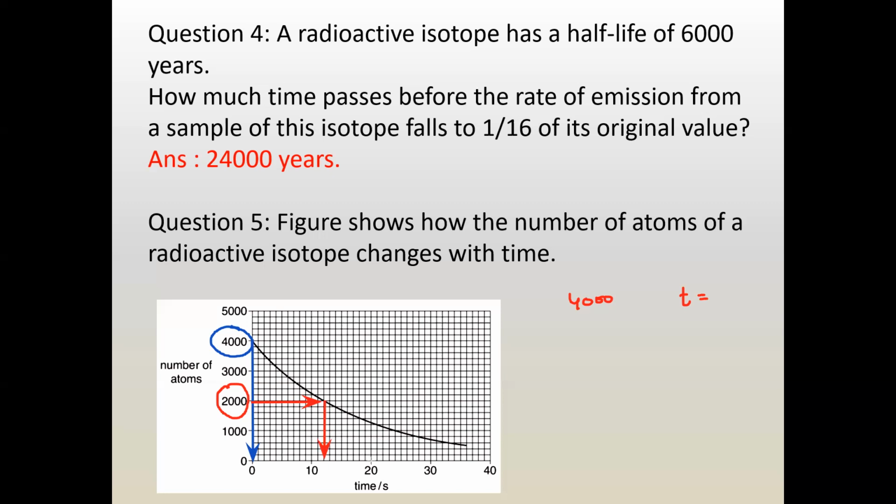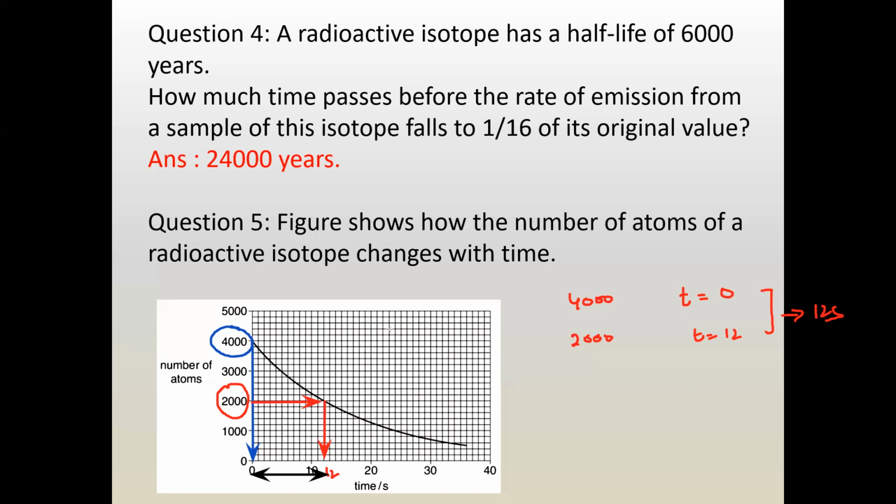When it changes to 2,000, the time will become 12. So the time interval is 12 minus 0, which equals 12 seconds. So the half-life, the time taken by half of the sample to disintegrate, is 12 seconds.